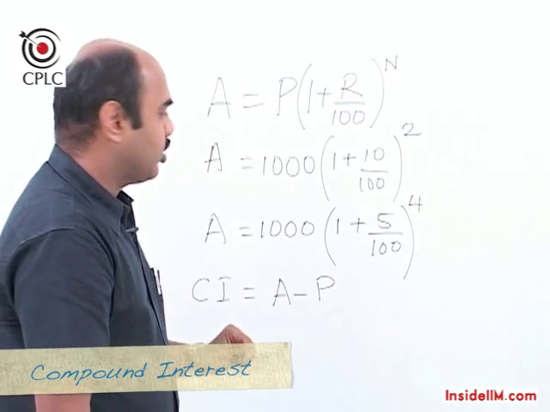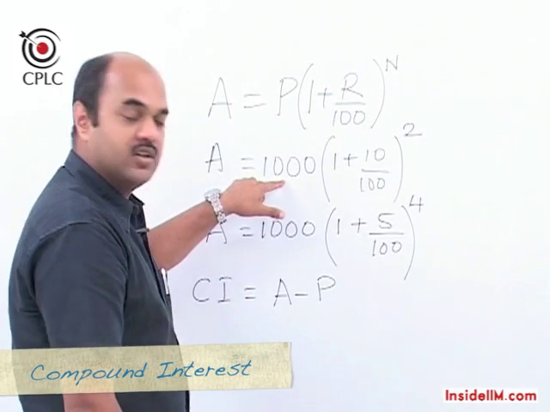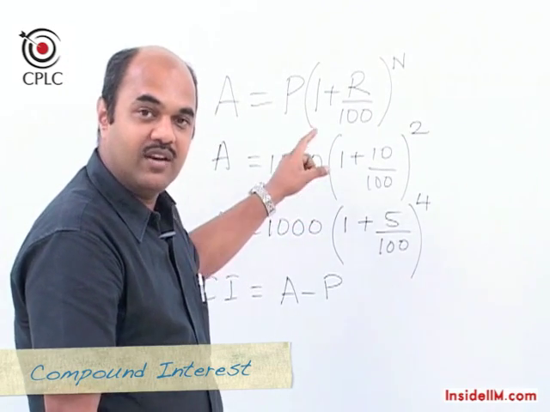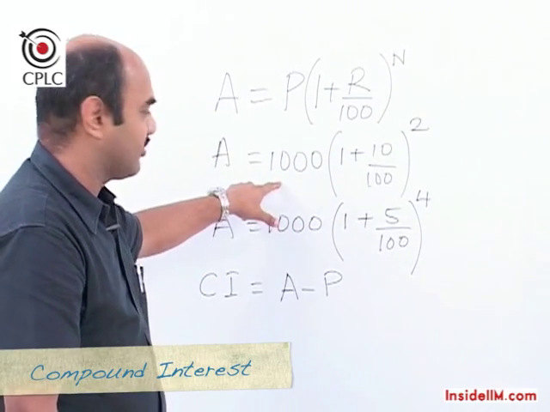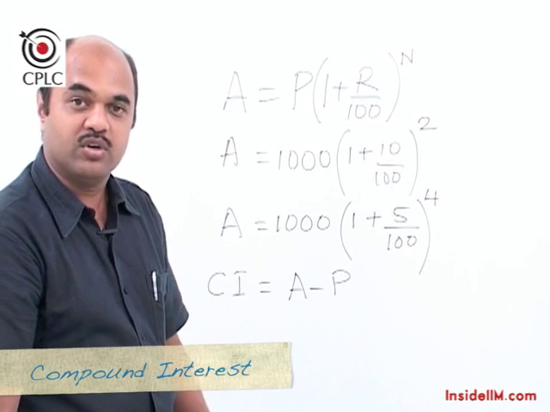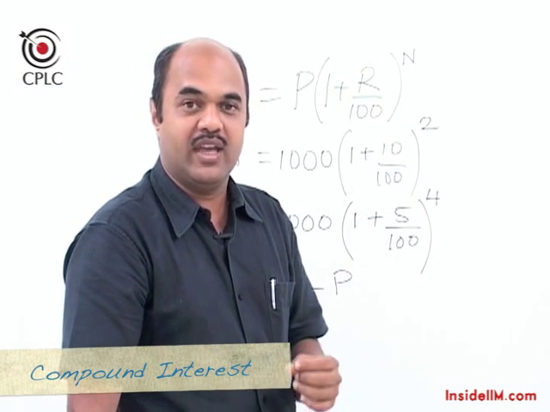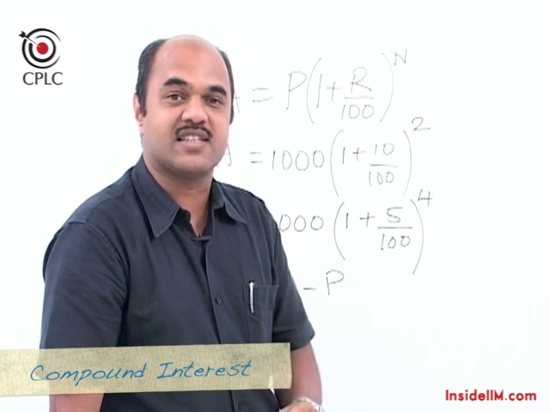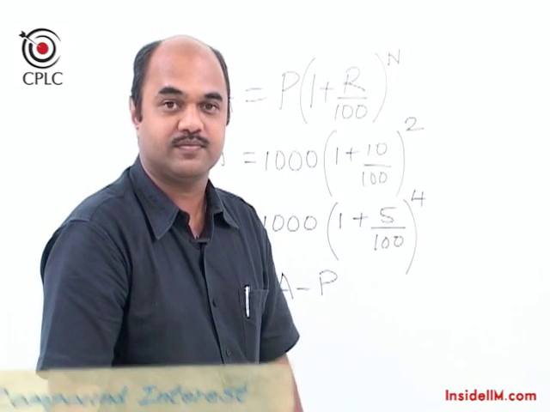So we can find out 21% of 1000, which will directly give us the compound interest, and if we add that to the principal of 1000, we would get the amount. So another way of solving every compound interest question is by making use of the successive percentage changes formula.